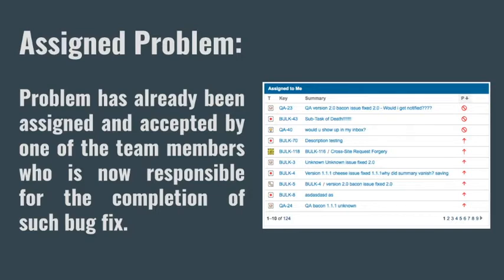So the assignment of a problem is pretty much giving the responsibility to someone within the company for the completion of the fix, or at least for finding a resolution for the problem.